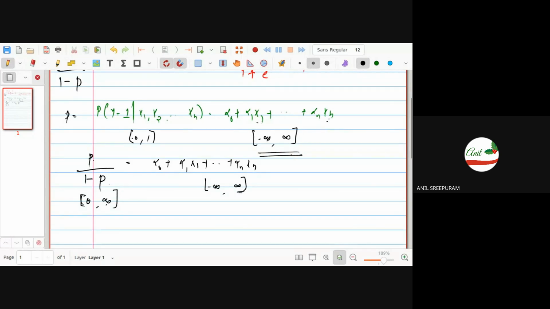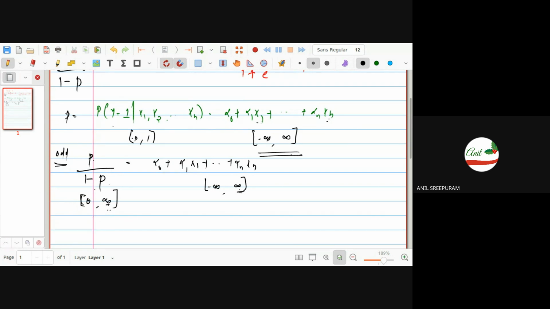On either side, the left-hand side as well as the right-hand side, the upper limit is the same. Both are infinity. But still there is an issue. This is called odd, a term that is normally used in probability theory.